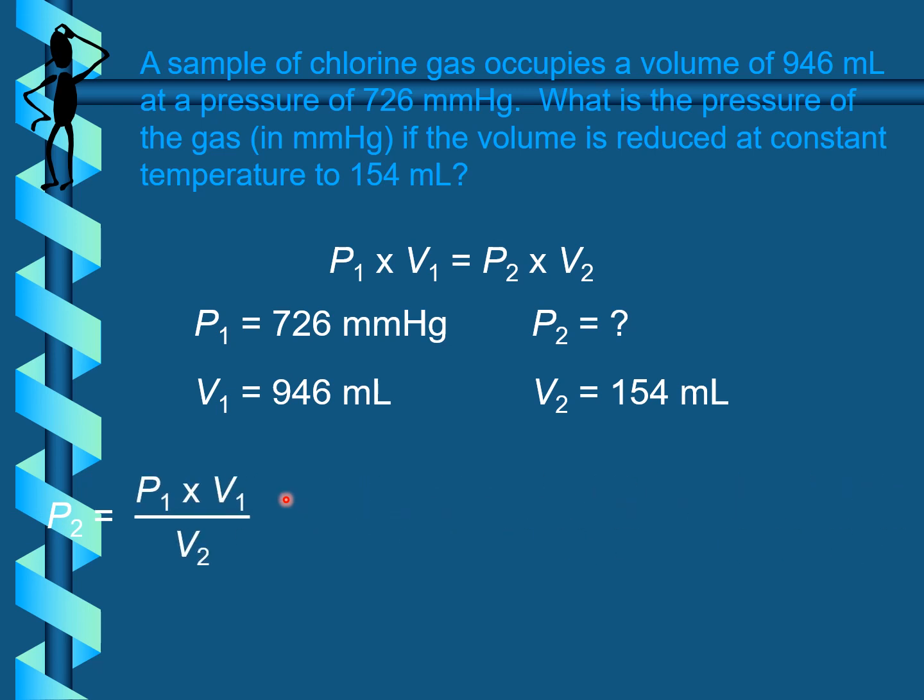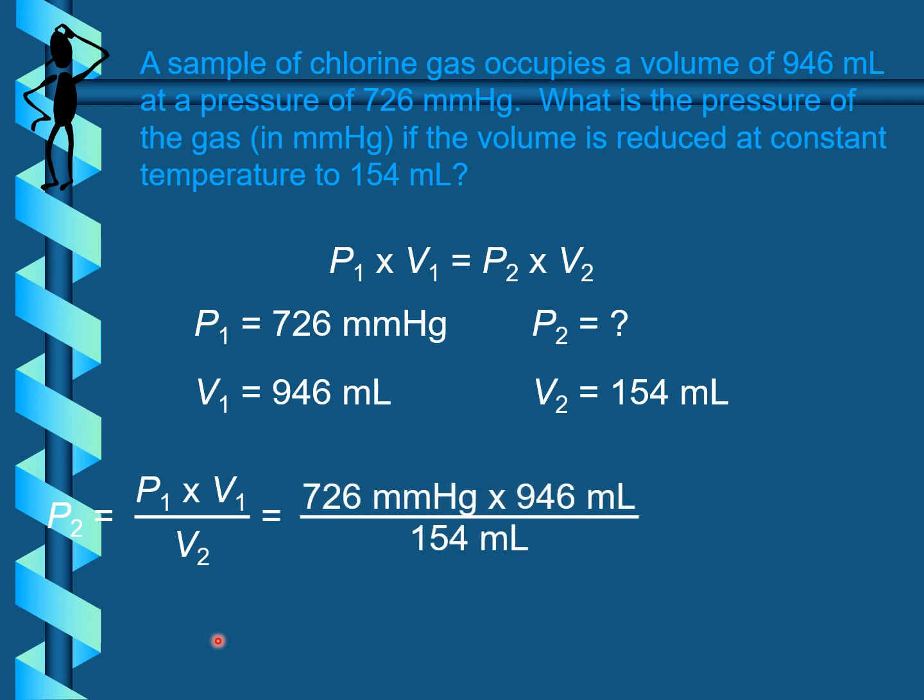So P2 is being asked. By simple manipulation of the equation, we may divide V2 from P1 and V1. So P1 multiplied by V1 over V2 should be equal to the pressure at the final condition.